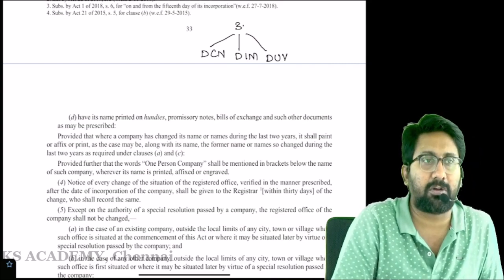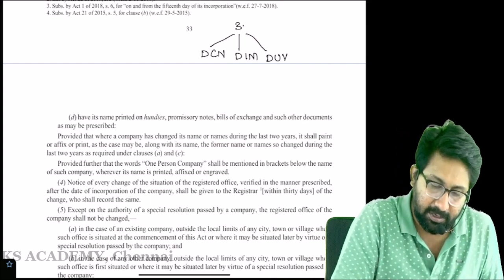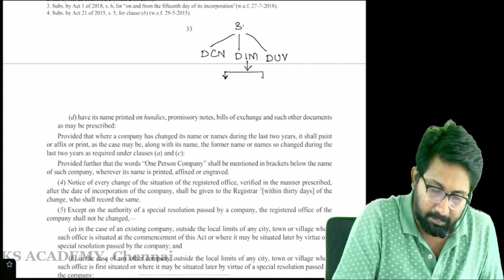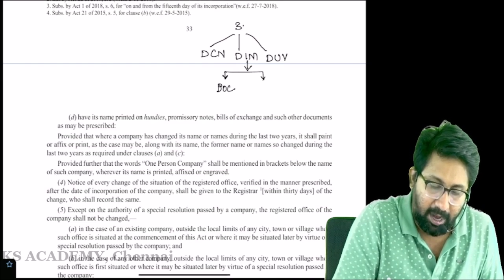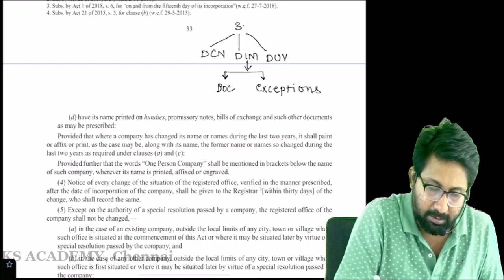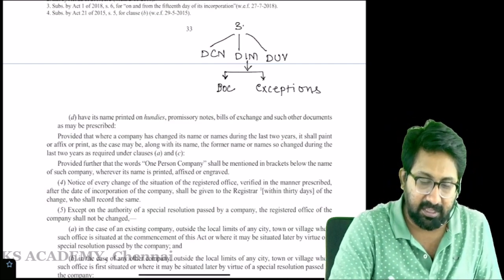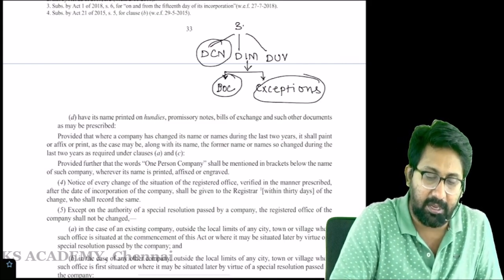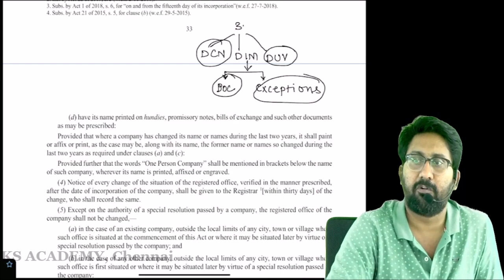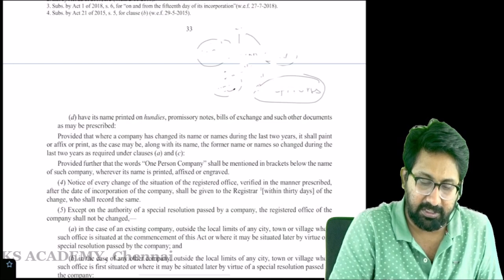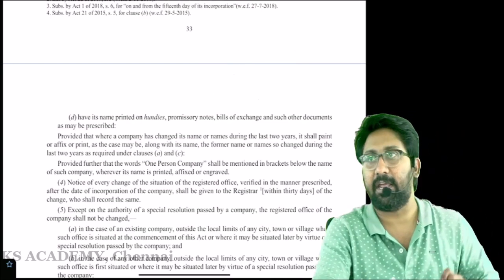When I say doctrine of indoor management, 2 subtopics are there. One will be the doctrine, another will be exceptions to the doctrine. So these are the things that we need to discuss: 1, 2, 3 and 4. 4 different situations we are going to analyze. So let's try to understand one by one in detail.